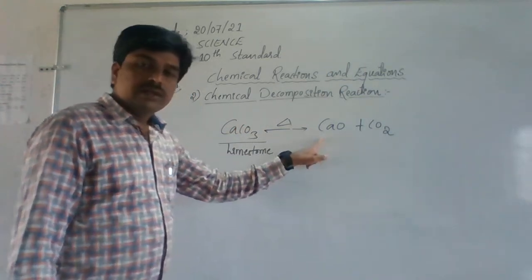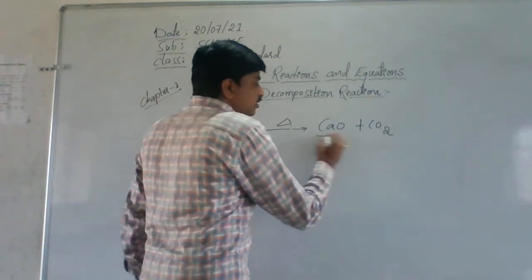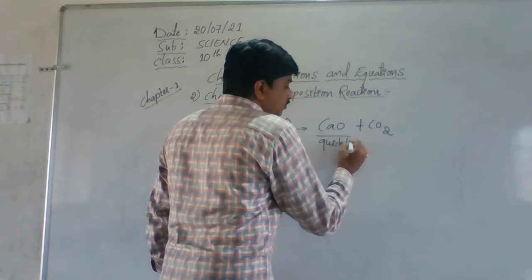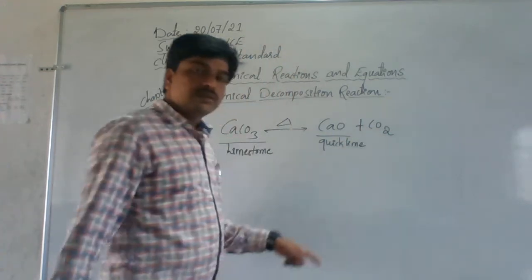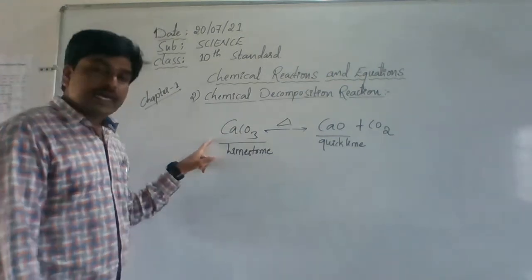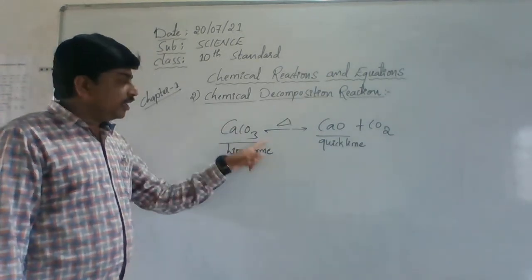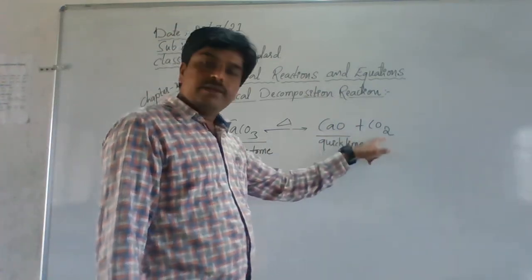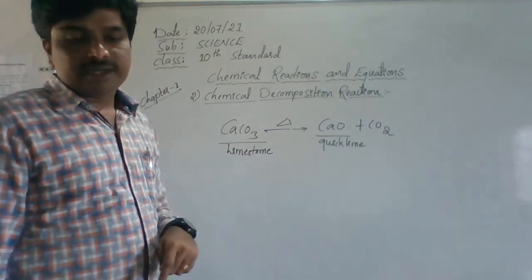And it forms what? Calcium oxide. Its general name is quicklime. Understand? So when you heat the calcium carbonate, it decomposes to form calcium oxide and carbon dioxide gas.